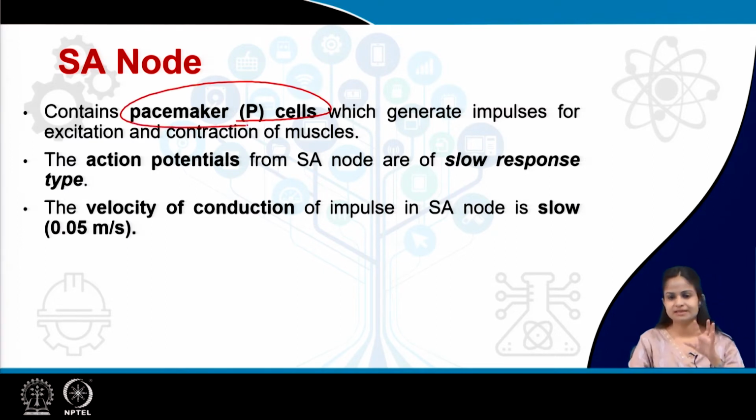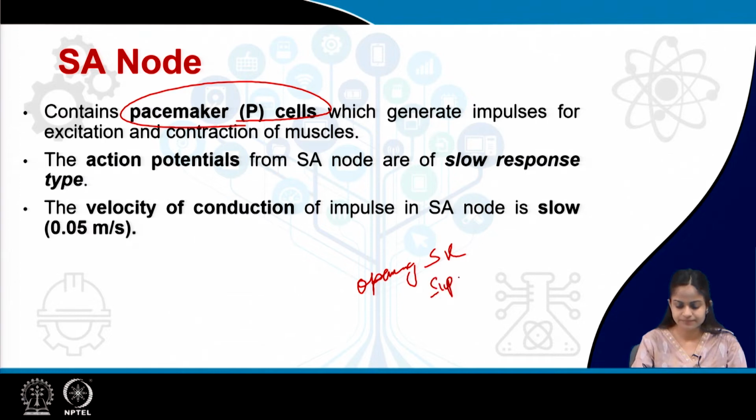These P cells are present everywhere in the heart, but the proportion in which they are present varies. The SA node consists of the maximum number of P cells, and it usually lies close to the opening of the superior vena cava, in the right atrium, on the right side.